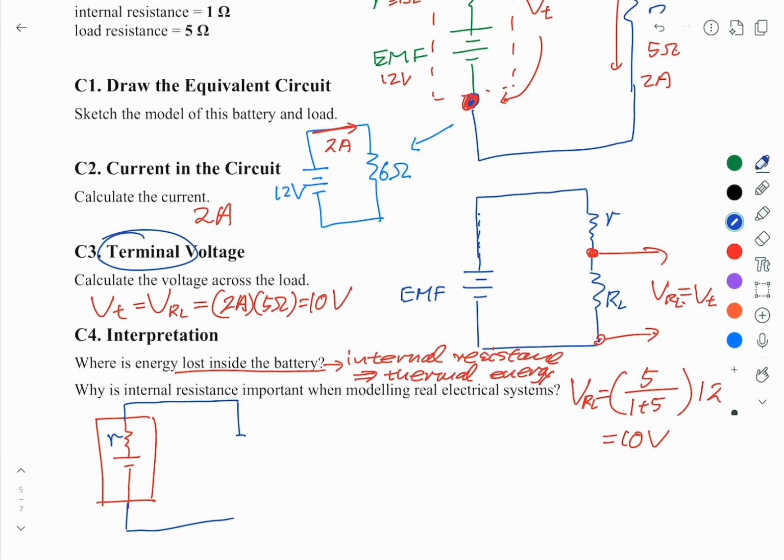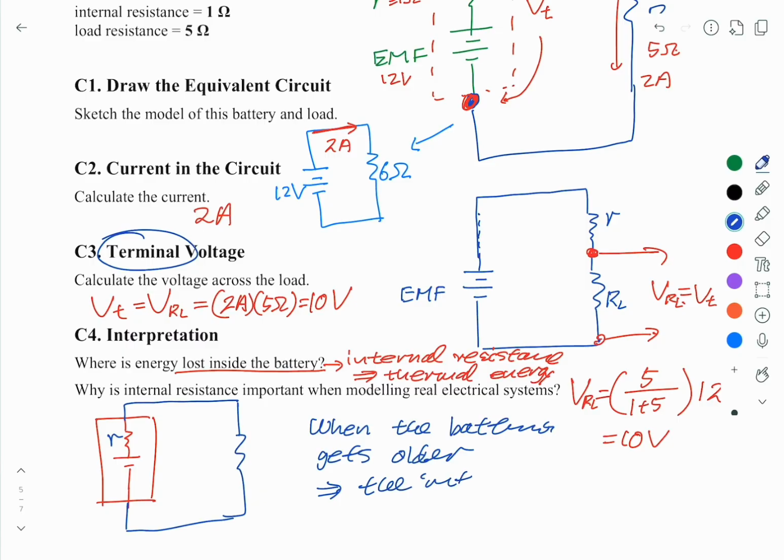And what we find is that when the battery gets older, we'll find the internal resistance increases.